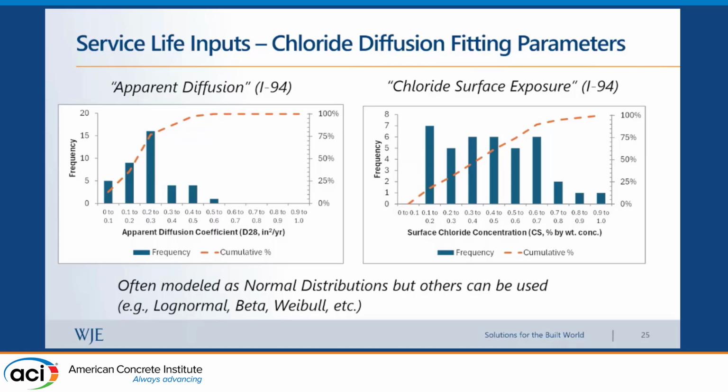It's important to plot the data and look at the variability over the surface area of your structure, and based on that, select the best-fit distribution to represent that modeling input parameter. It's not necessarily a normal distribution. It can be log normal, Weibull, or beta. For this study, we used a combination of normal and log normal distributions based on the distributions we saw for the different input parameters.